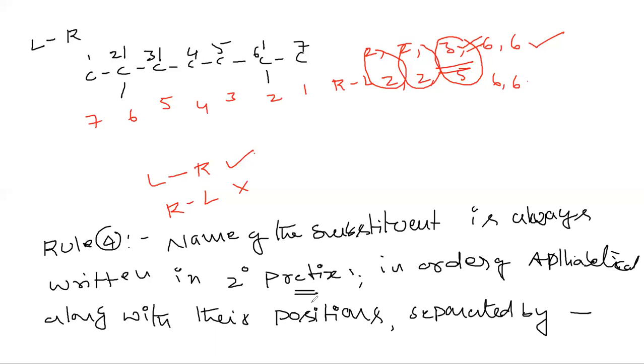For example, if you have more than one substitution, then you have to write in alphabetical order. For example, if you have a compound like 1, 2, 3, 4, 5, suppose here I have chloro and here I have bromo.